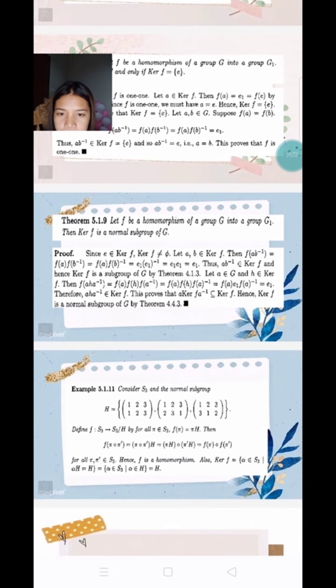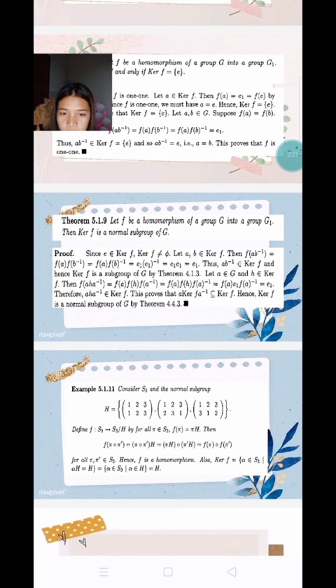In Example 5.1.1, consider S sub 3 and the normal subgroup H, which consists of the permutations 1 2 3 over 1 2 3, 1 2 3 over 2 3 1, and 1 2 3 over 3 1 2. Define the function f from S sub 3 into S sub 3 divided by H by f of pi is equal to pi H for all pi in S sub 3.